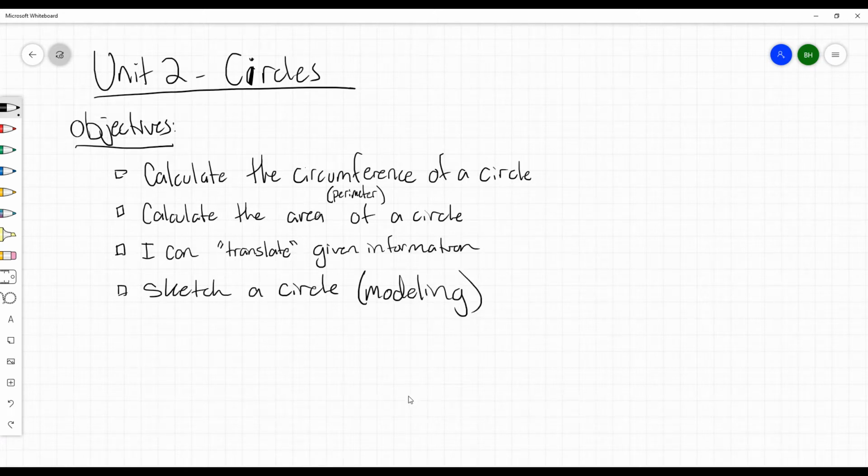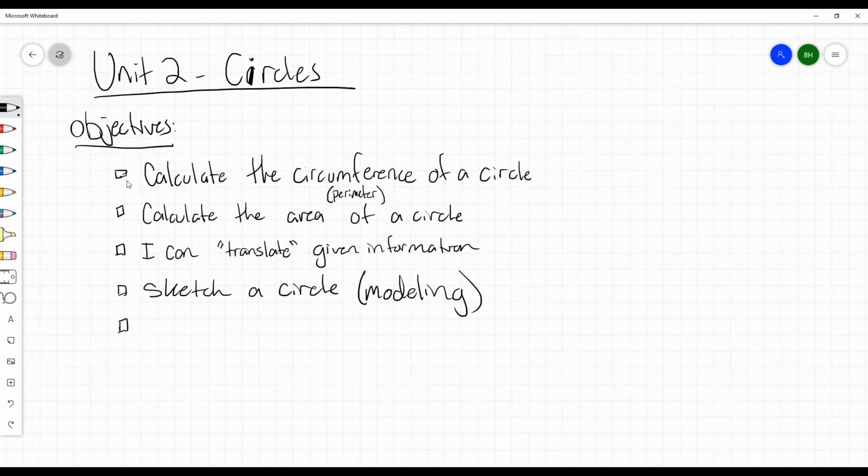When it comes to graphing or modeling a circle, sometimes it's easier if you just sketch it. We can't always get a perfect circle unless we're using computer software such as Desmos or the graphing calculator. And so because of that, it's going to be nice if we can sketch a circle and then look at certain pieces of information about them in order for us to make sense of them.